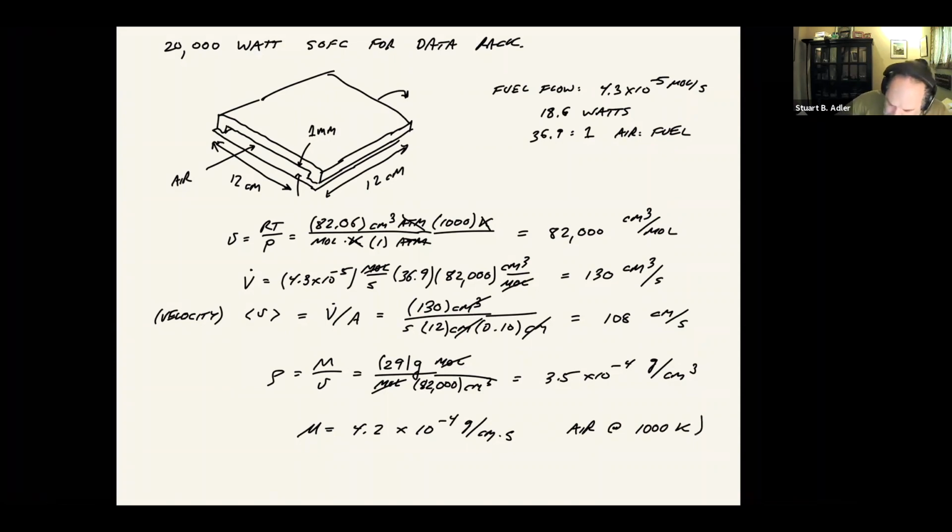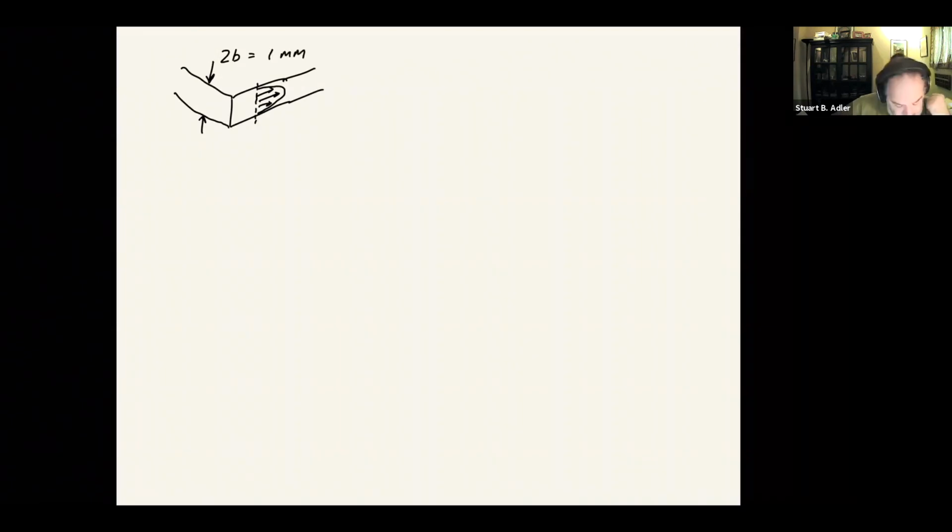So one thing we have to ask is, if we're going to calculate a Reynolds number, what is the characteristic length? Usually it's defined by whatever the minimum distance is. So in this case, our gap looks like this, and we're flowing this way. If I drew a velocity profile, this is not a good enough drawing, sorry. Let's try that again. This distance I'm going to call 2b, which is what we're saying is a millimeter. 2b, because oftentimes in fluid mechanics textbooks, the distance b is from the middle to the edge.